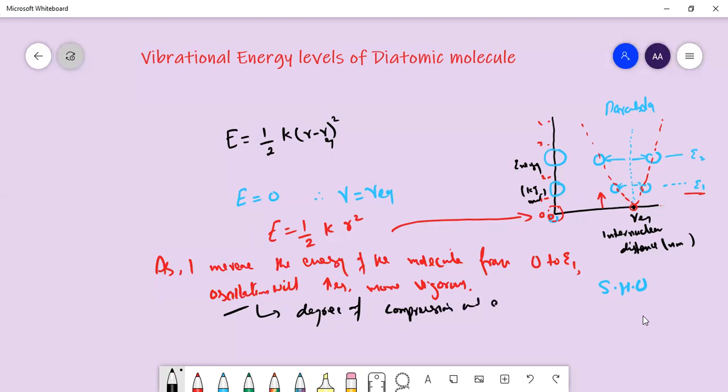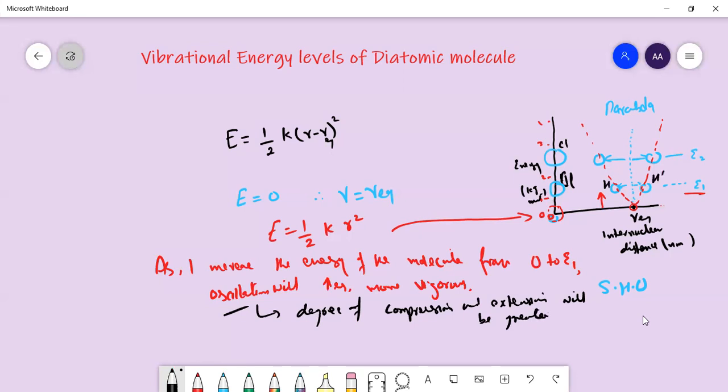As I am increasing the energy of this molecule, for example, if this is our HCl molecule, I will take Cl here as the stationary position, as Cl is a bigger atom as compared to the hydrogen.